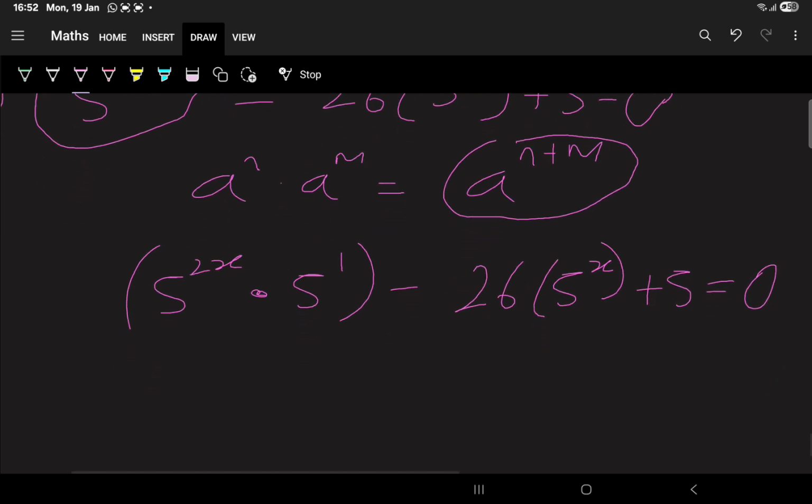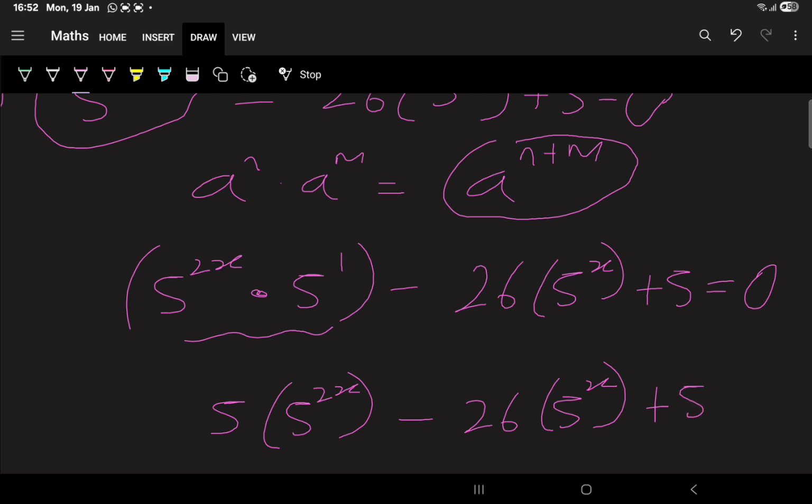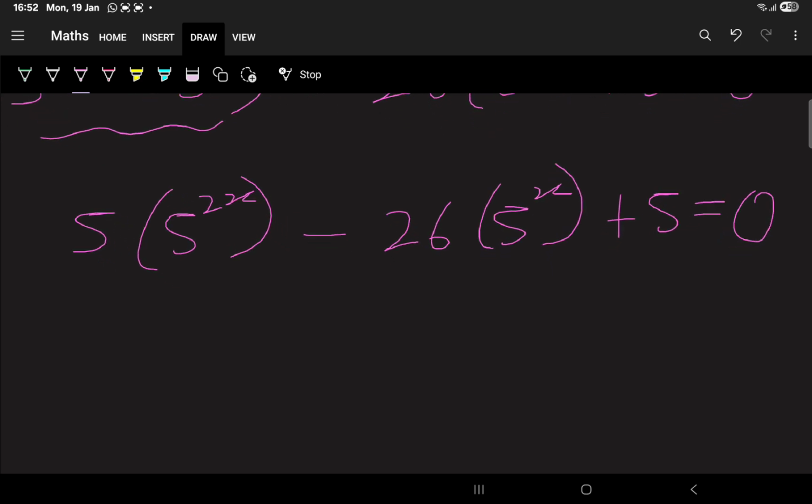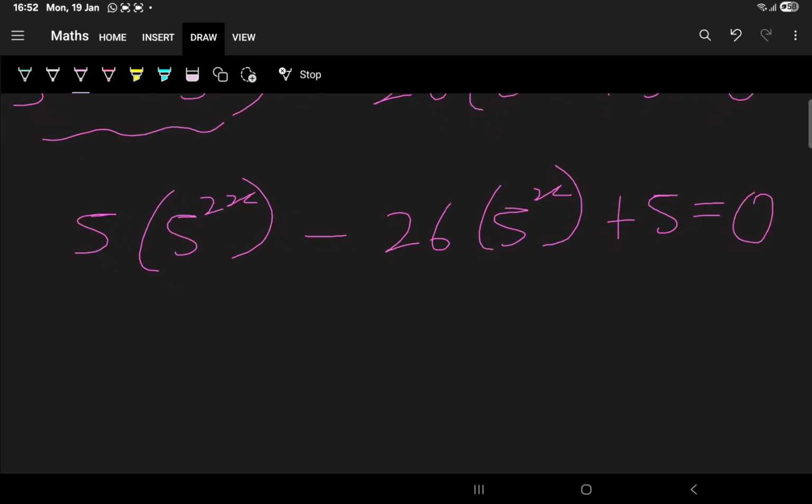Now, I'm going to factor out the 5 that is here. So this is going to be 5 times (5 to the power of 2x minus 26 times 5 to the power of x plus 5) equals 0. Now this is looking far simpler than the original question given.